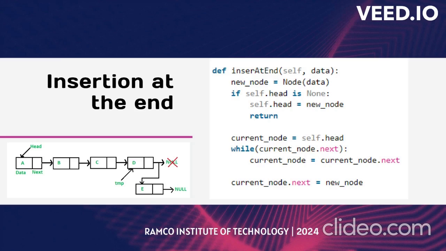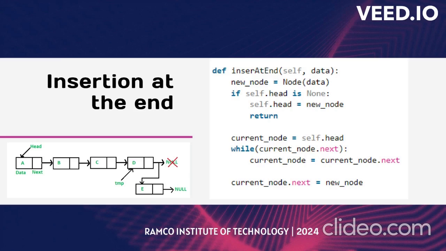Otherwise we have to traverse up to the end of the list, and at the end we have to attach the new element. For traversing we need a loop: while current_node.next, we are checking whether the next has an element or address part or not. If it is none, it will come out automatically.